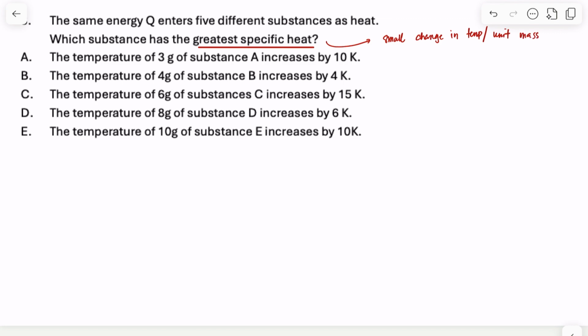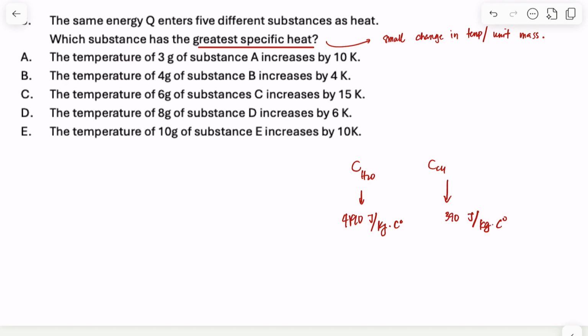Let's give an example, water and copper. For water, this is 4190 joules per kilogram Celsius degree. For copper, if I can recall correctly, it's 390 joules per kilogram Celsius degree.